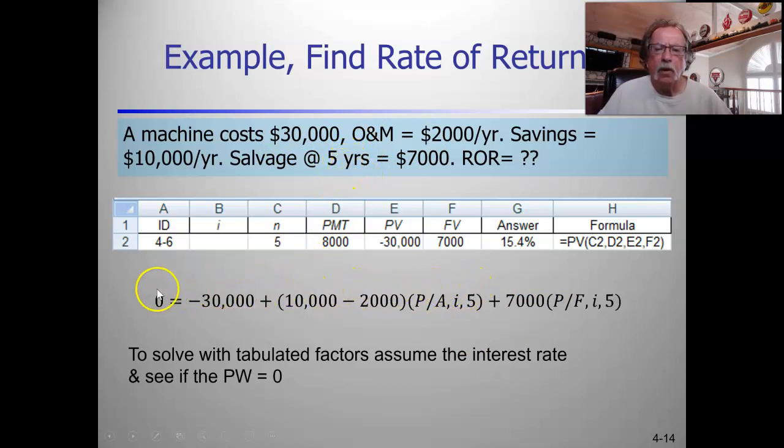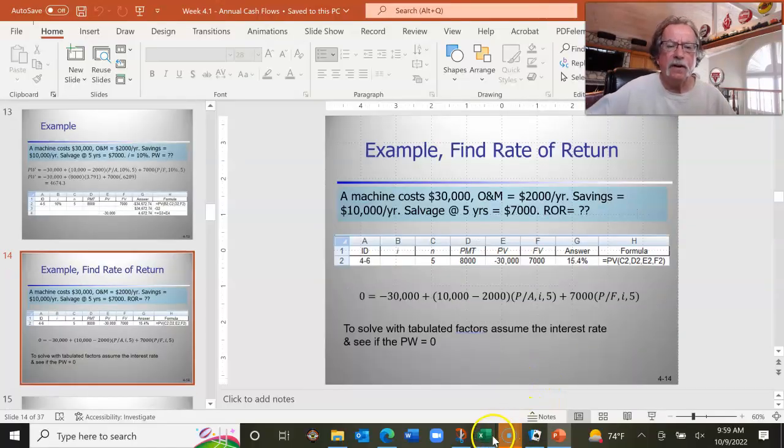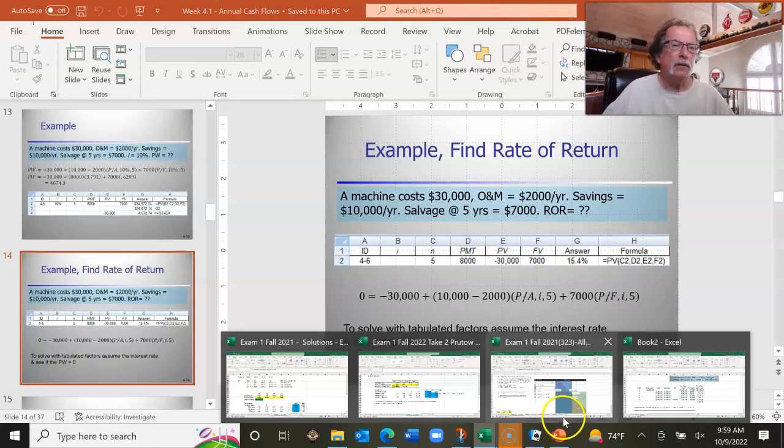Historically, what we used to do before Excel was, if you plug the formulas in, you cannot find a tight answer for this. So to find the rate of return, you would have to test different interest rates, home in on one, and then interpolate. So that's not the way the real world does it. So if you want to find the rate of return, it is where the present worth equals 0.